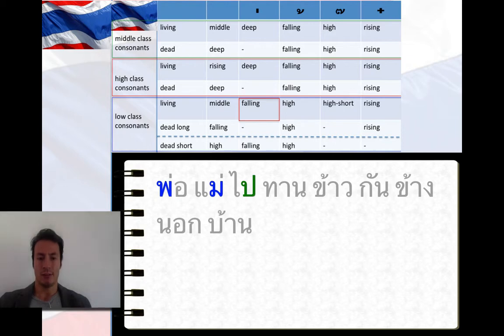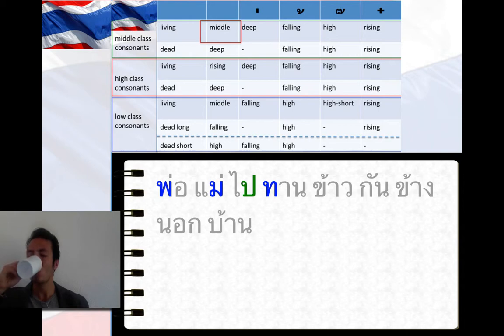No tone mark, living syllable, therefore middle tone. ไป. Next word. Low-class consonant, living syllable, no tone mark, middle tone. ทาน.